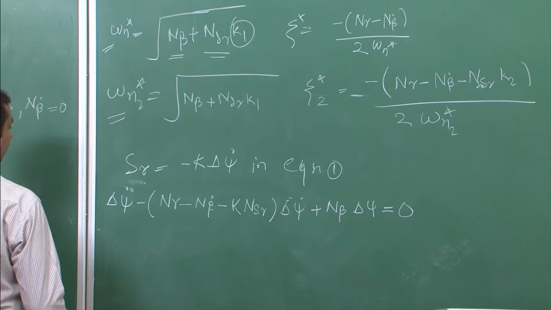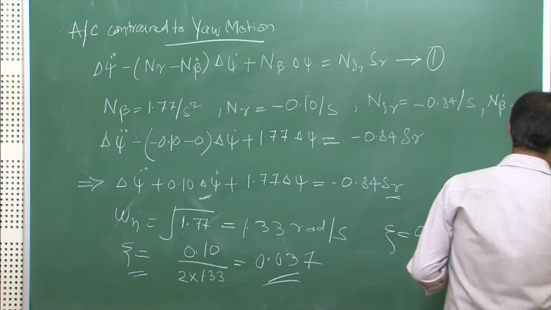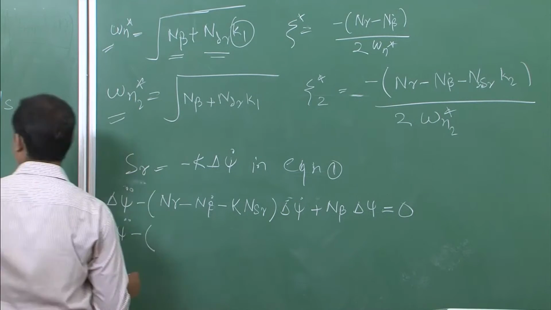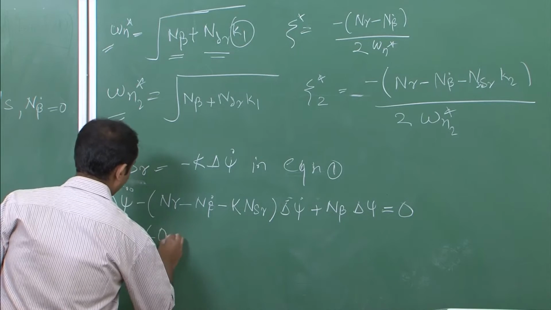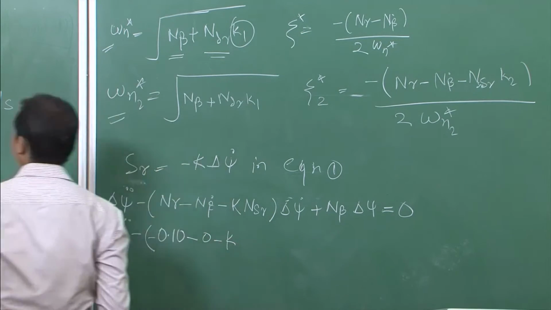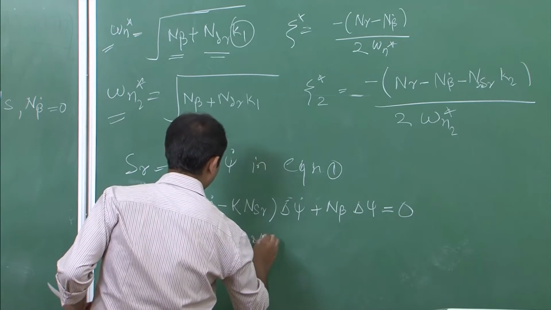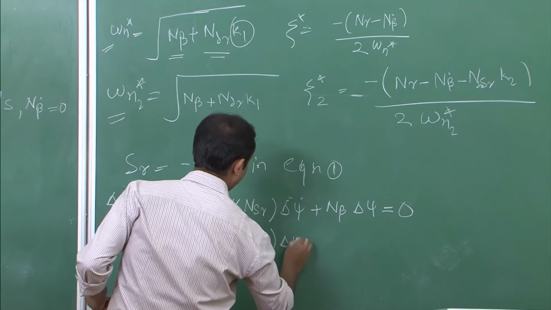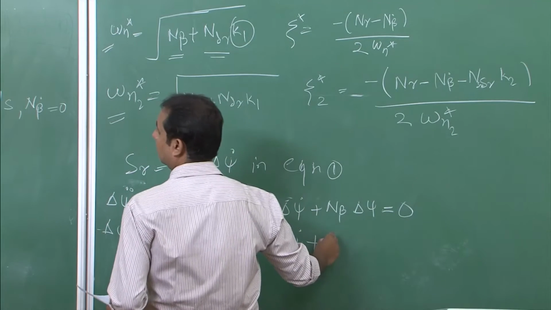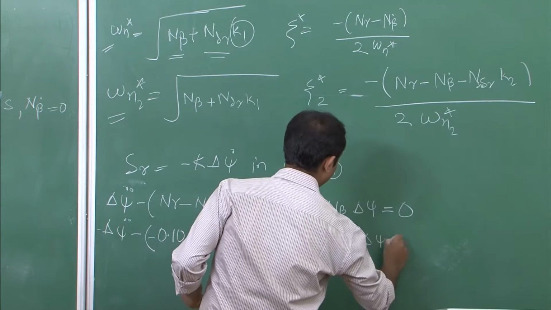Substituting the values of nr, n beta dot and n delta r, my differential equation will be delta psi double dot minus (minus 0.10 minus 0 minus k into minus 0.84) into delta psi dot plus n beta, which is 1.77, delta psi equals 0.